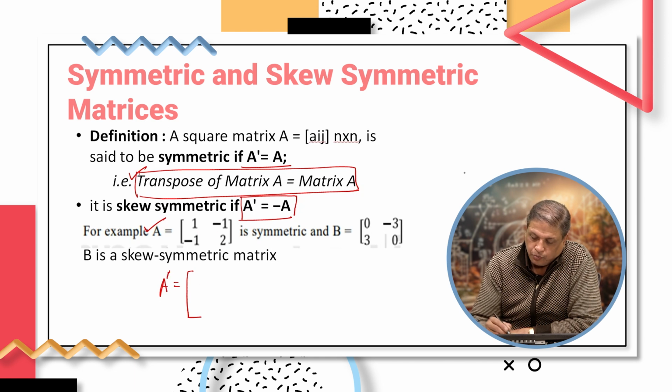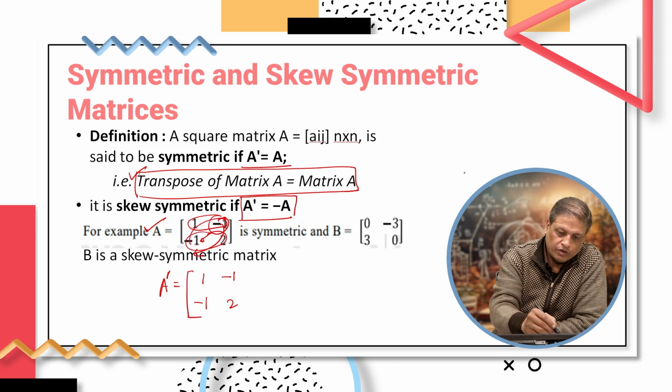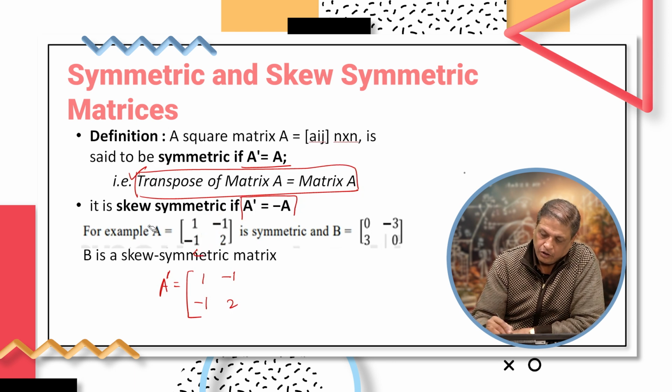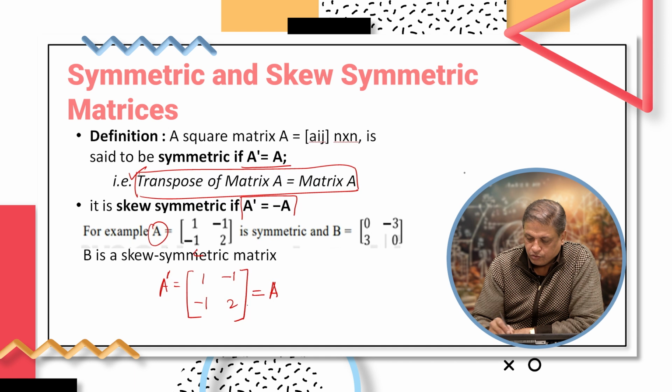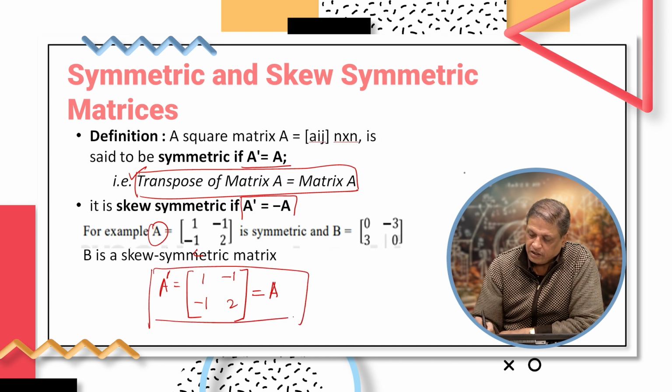If we take its transpose, then it will be 1 minus 1 and minus 1 2. This row is changed into a column, and this column is changed into a row. So, you will find that the transpose of A is equal to matrix A itself.